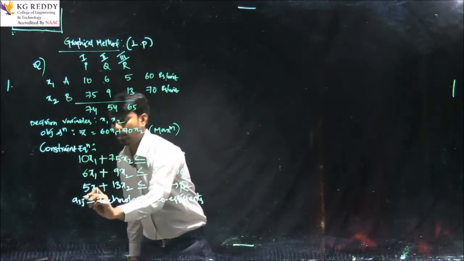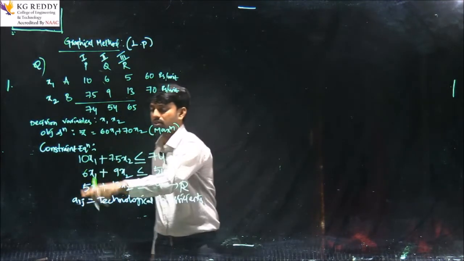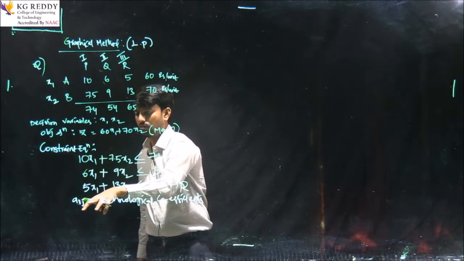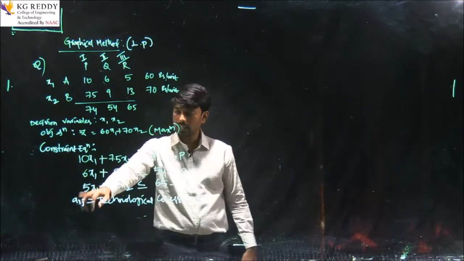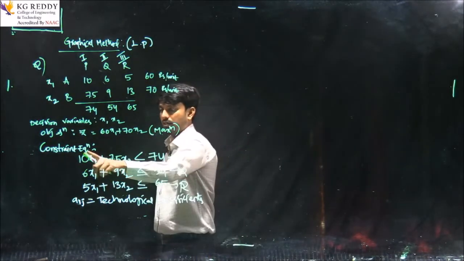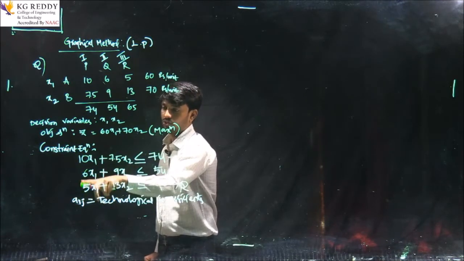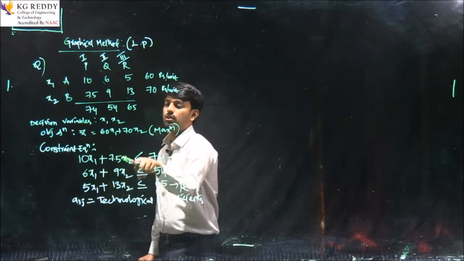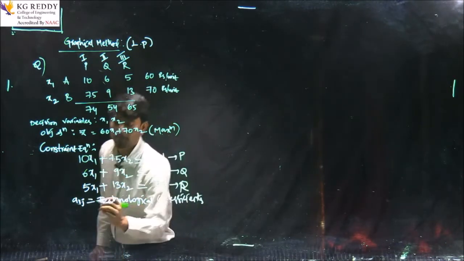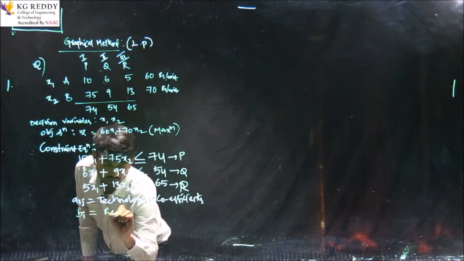Look at this, i and j. i is nothing but the row, j represents the column. If i equals 1, that is row 1. If j equals 1, that is column 1, then a11 becomes what? You look at the equation and tell me. 10. a11 becomes 10, first row, first column. First row, second column, a12, 7.5. So these are the technological coefficients. bi is the resource value.